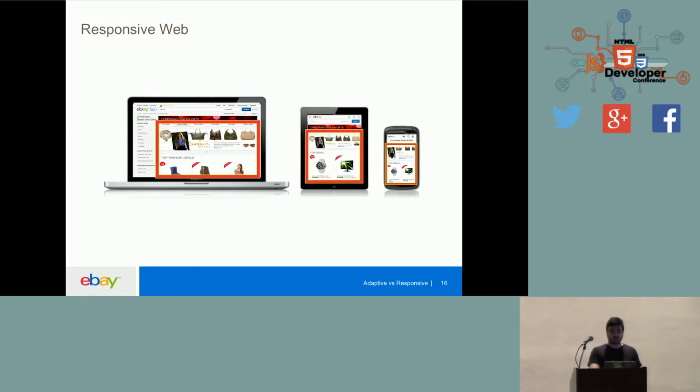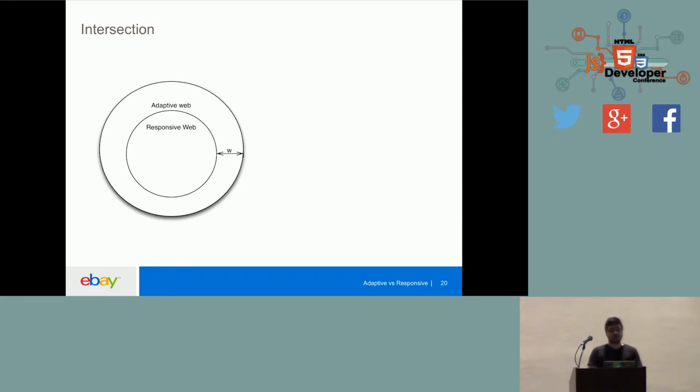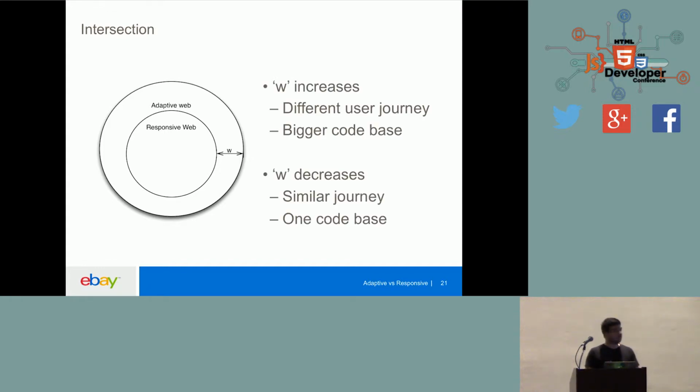So what ends up actually happening is that you have an adaptive web which contains responsive contents inside. And the more you make your system responsive, the more the distance between what's responsive and adaptive decreases, and you start getting a very similar user journey. You start getting a more unique code base.